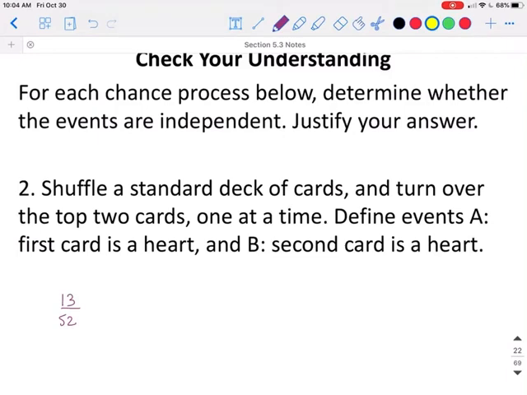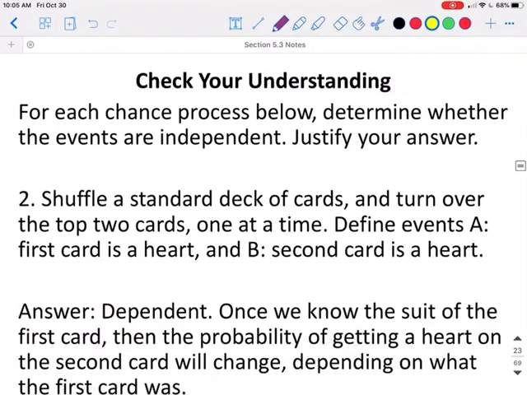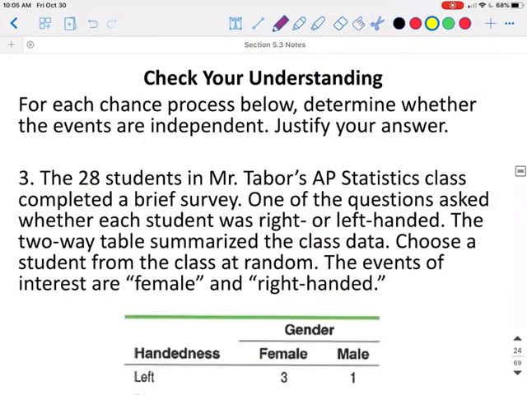Now, if that card was a heart, the chance that the next one would be a heart would only be 12 out of 51. Or if the first card wasn't a heart, the chance the second one would be a heart would be 13 out of 51. Whether or not that first card is a heart will determine the probability that the next one is. So these would be dependent events.